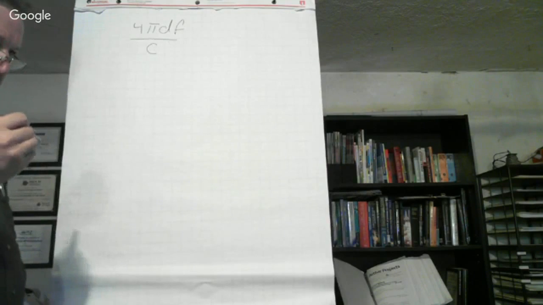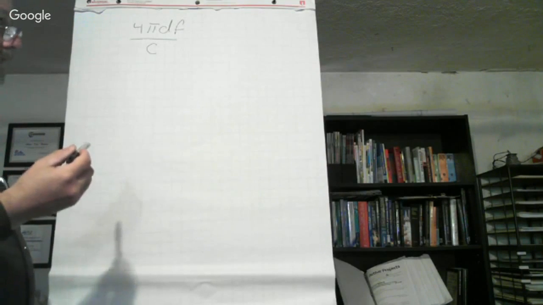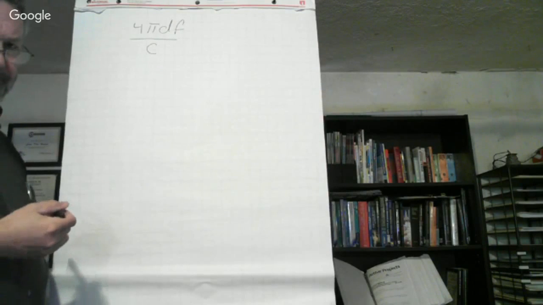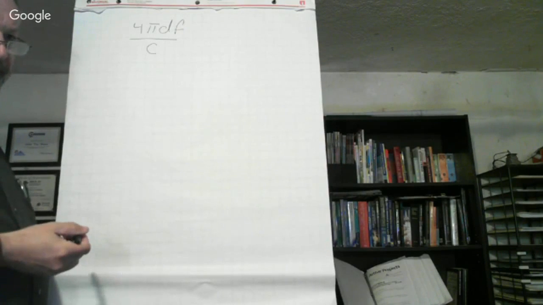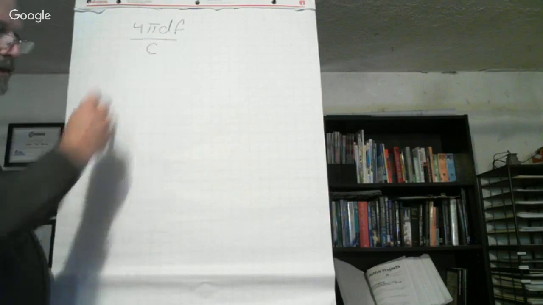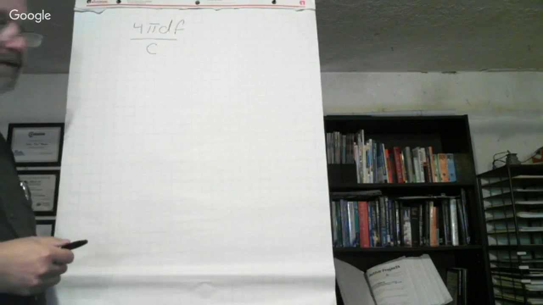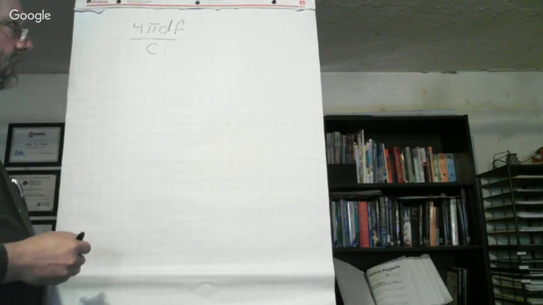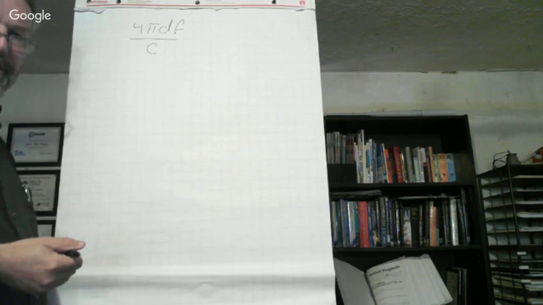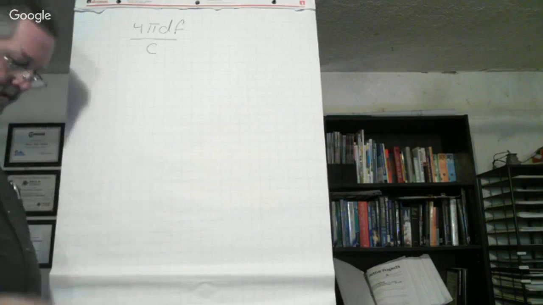So if you take the frequency of something as it's traveling at the speed of light, speed being distance over time, you get a function of frequency over the speed of light. Now, like I said, this is not the logarithmic function we're looking for, but this is the basic equation.